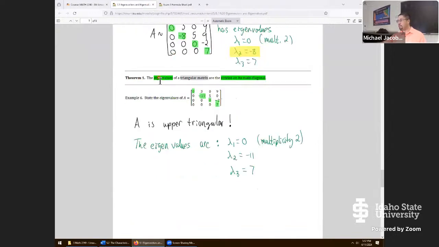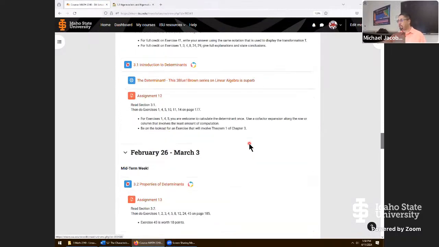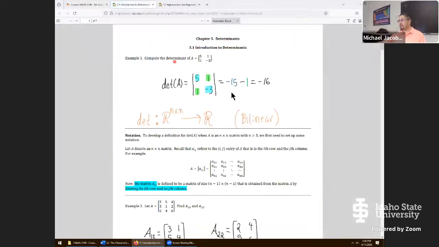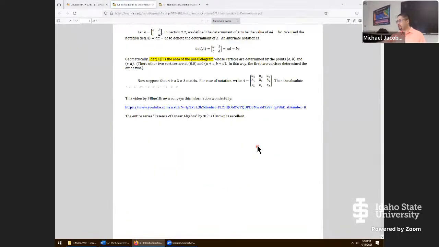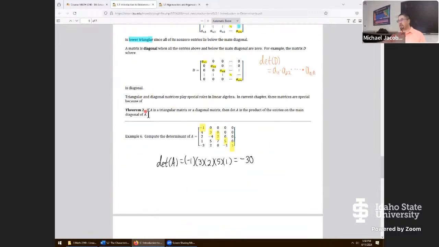In section 5.1, we were told that the eigenvalues of a triangular matrix are its entries on the main diagonal. So that's a wonderful theorem. And then we're also connecting that all the way back to section 3.1. Section 3.1 said, somewhere down here, there it is, theorem 2.